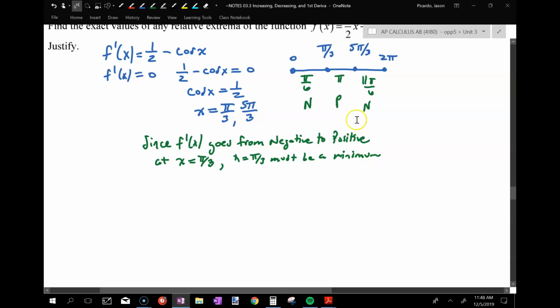And then I go from increasing to decreasing. So if I go from increasing to decreasing, 5 pi over 3 must have been a maximum. So 5 pi over 3 must be a maximum.